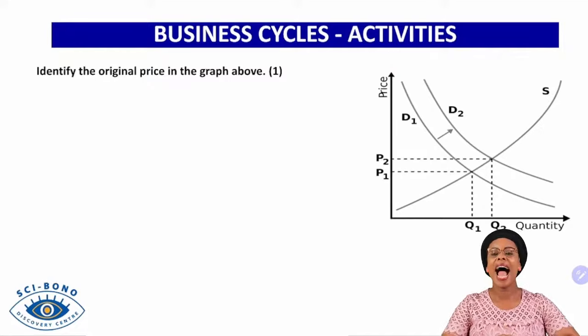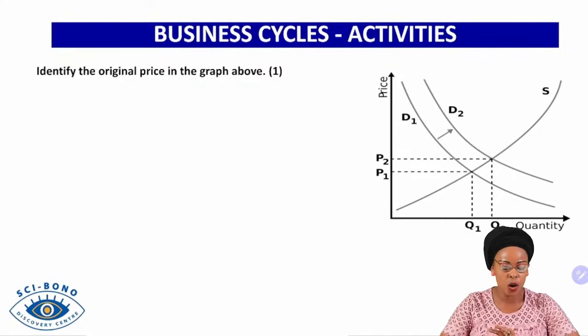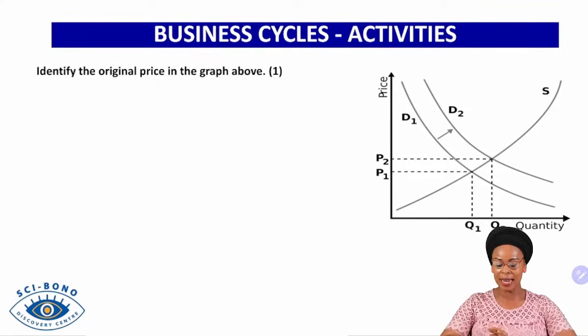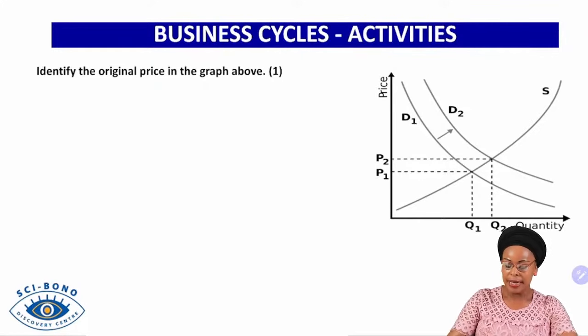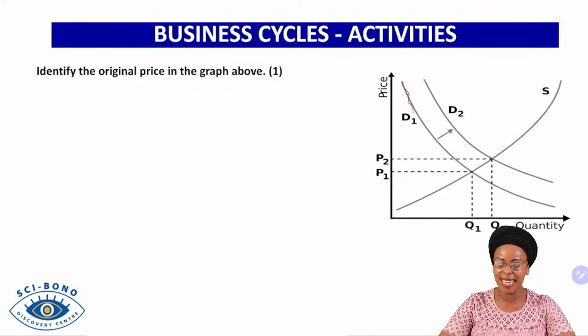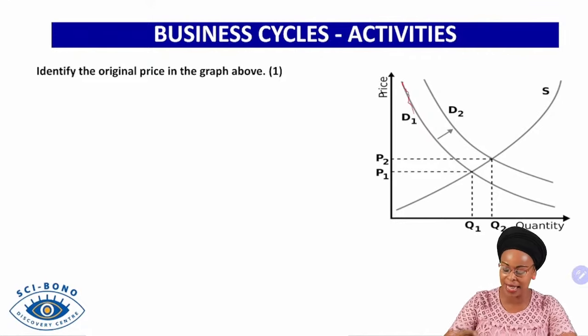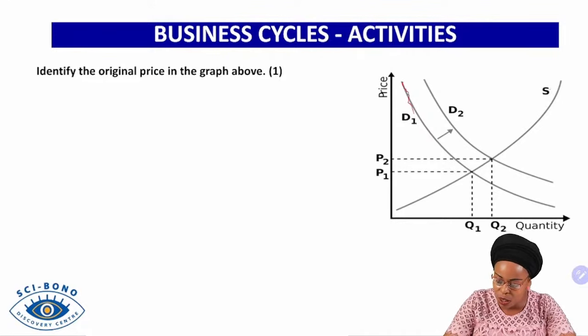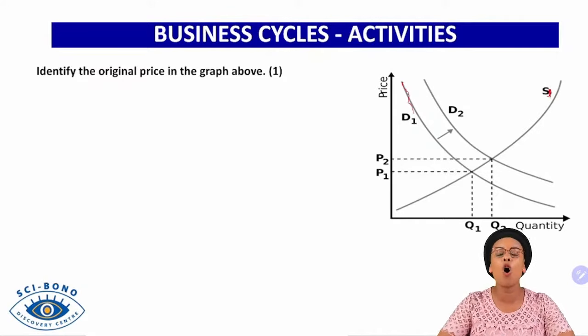Number 1, identify the original price in the graph above. This is our graph. D1, this first demand curve, will represent our original demand curve. And then this, let me call it S1, will represent our original or initial supply.